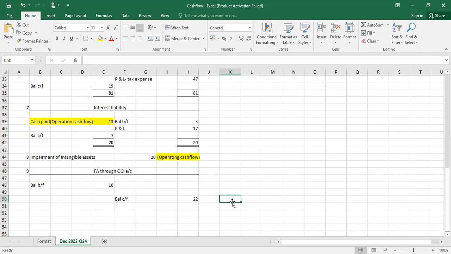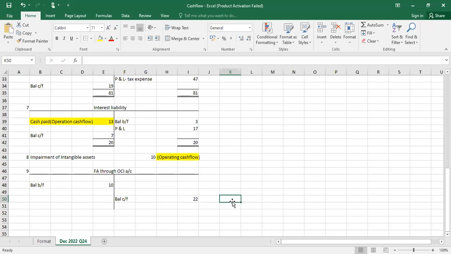Now, what happened to that reserve? Let's look at it. Did the reserve increase or decrease between start and year end? It increased. Yeah, the reserve increased by how much? 2 million, yeah?